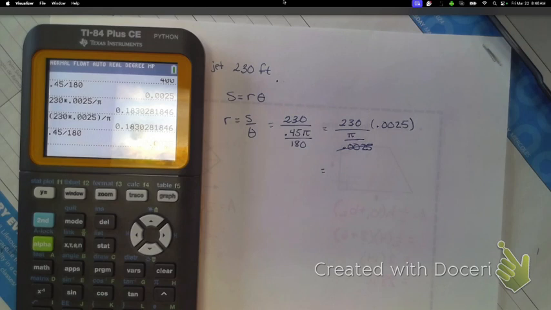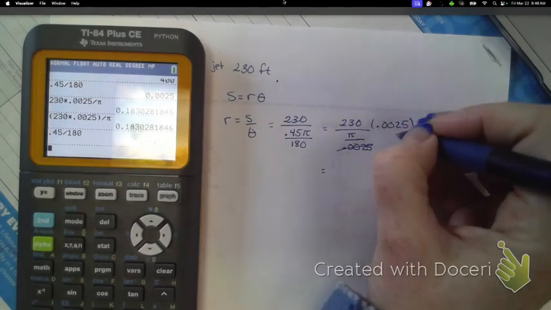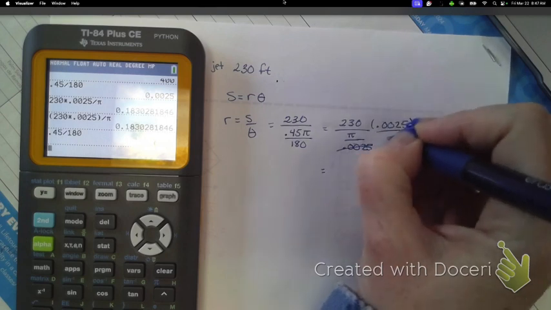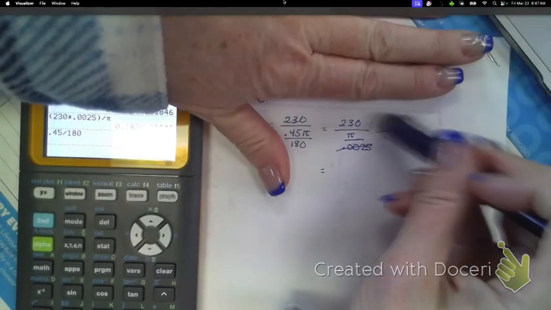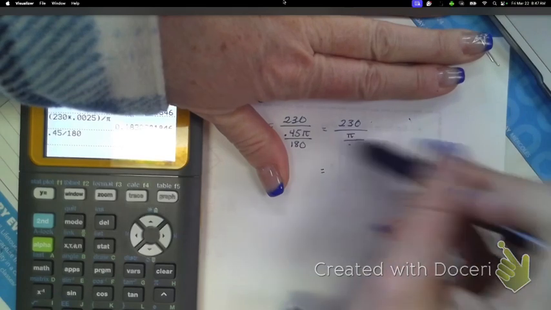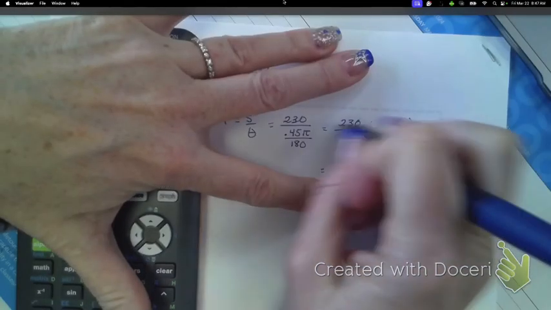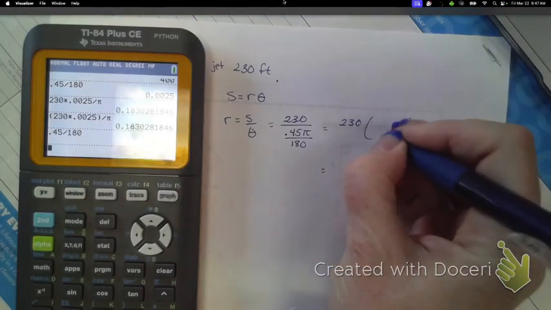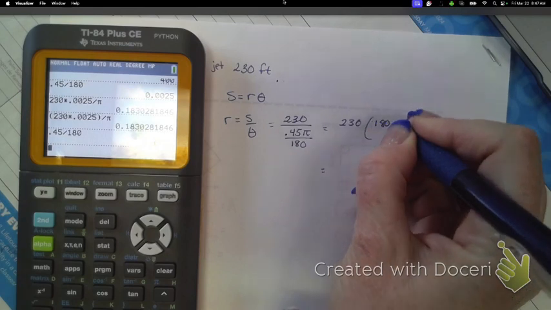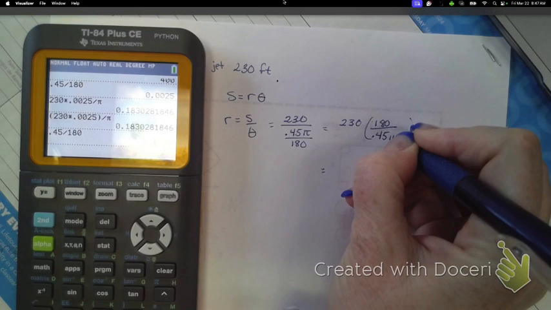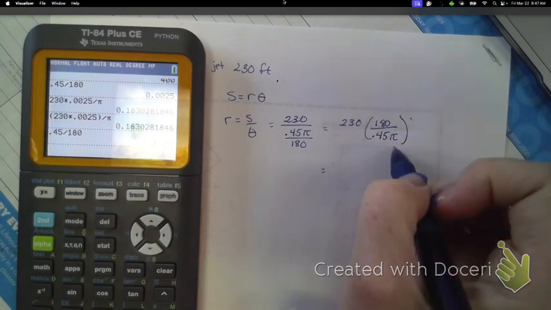Does that make a difference? Let's just put it in the calculator like this. We got a calculator for a reason, right? What am I doing wrong? Because we still would divide by pi.